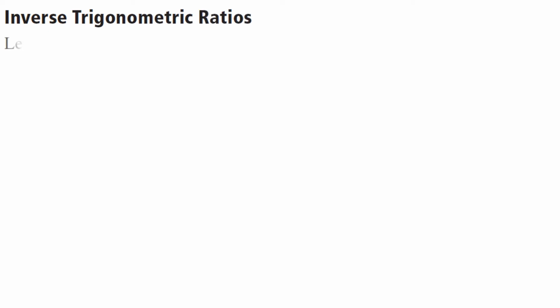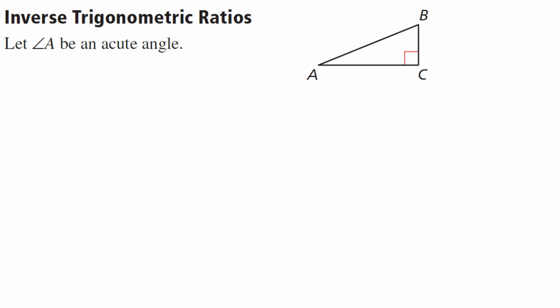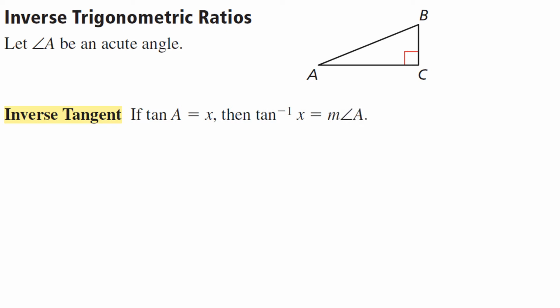So for the inverse trig functions, or the inverse trig ratios, again, I have to have a right triangle. I have to be looking at one of the acute angles. So for the inverse tangent, I actually start with the ratio, and the inverse will get me the angle. We're used to going the other way.